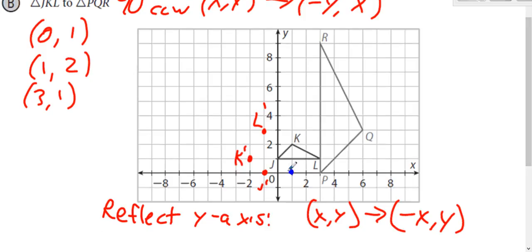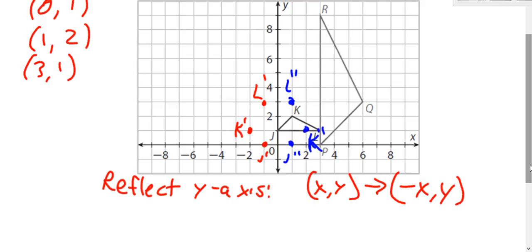So J moves there, K here, and L there. So now we have it in the correct orientation. It looks like now if we just multiply by 3, so use a scale factor of 3 for the dilation, I think it'll work out.